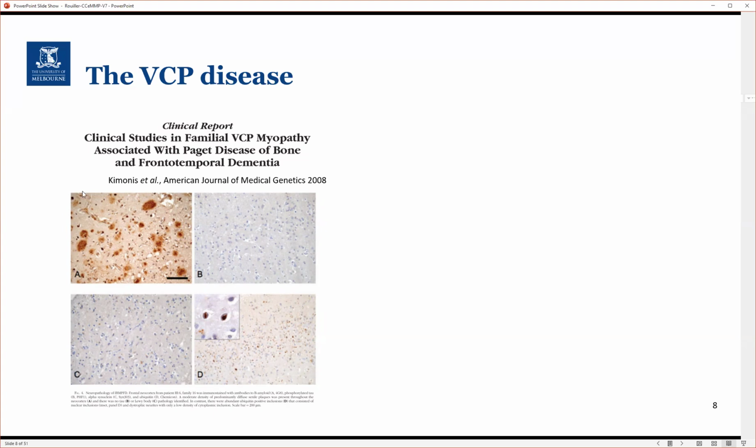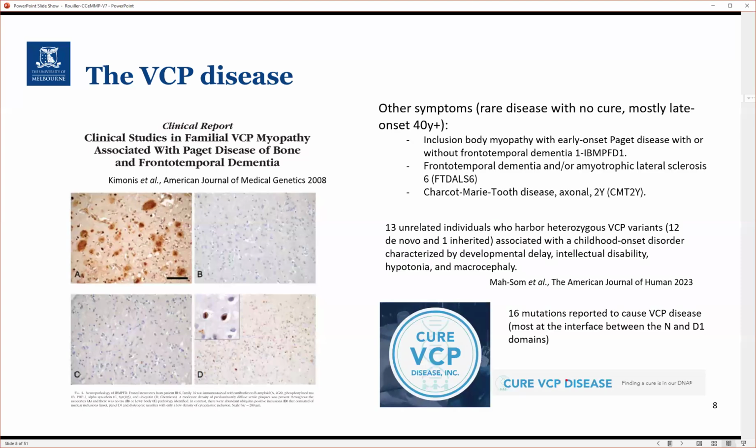And Virginia Kimonis was the first to report in 2008 that mutation in VCP resulted in a disease where patients had accumulation of protein aggregates in the cell cytoplasm in bone and brain. She then showed that these aggregates are also found in muscle.